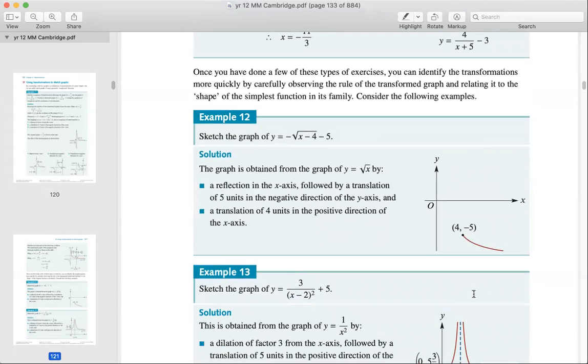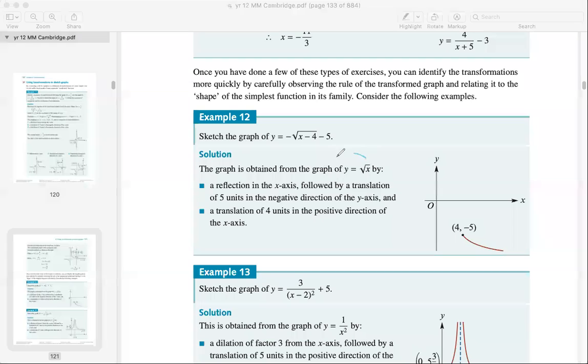Now it asks you to sketch the graph of negative square root of (x minus 4), minus 5. This function is obtained from y equals square root of x, with a reflection and some translations. Sometimes you might say, "Sir, I'm not really sure what to do."